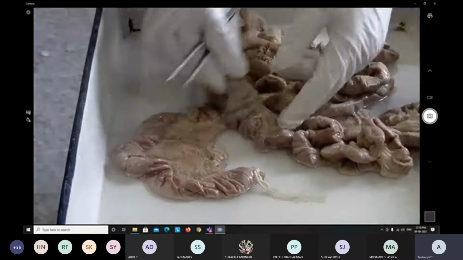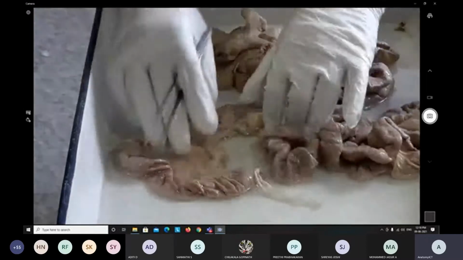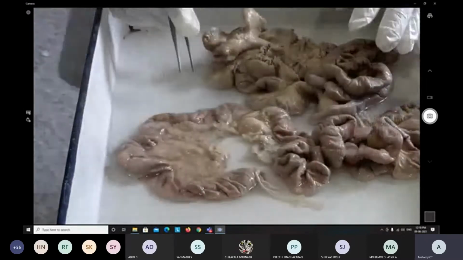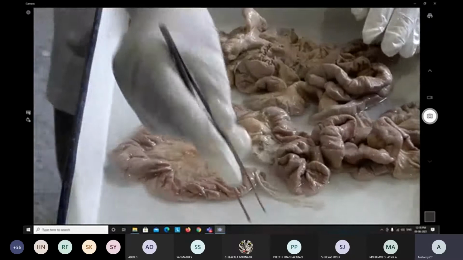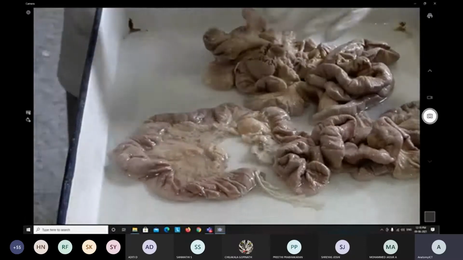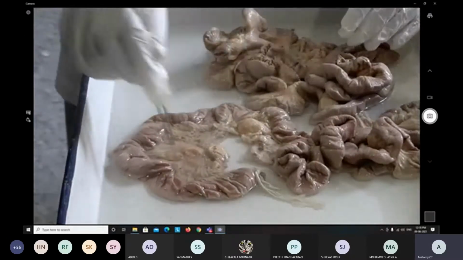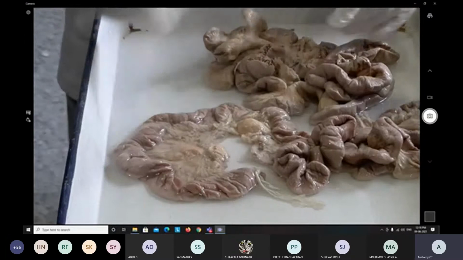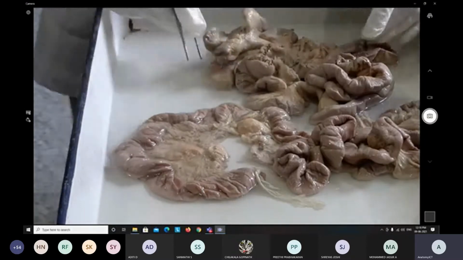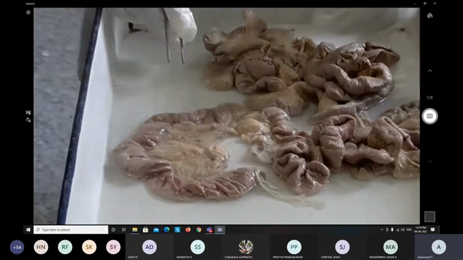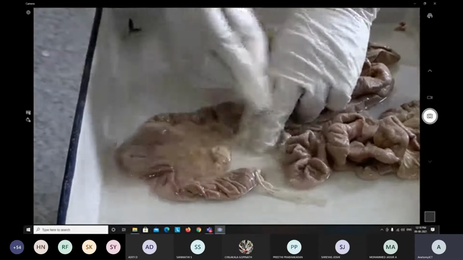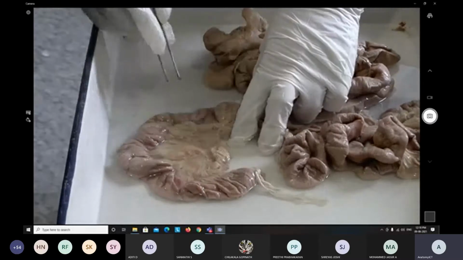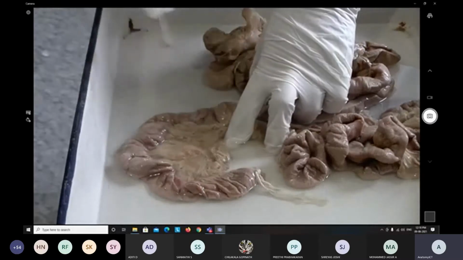And the most important thing in the small intestine is the duodenum, which plays a very important role, because as soon as the contents come from the stomach and enter here, in the second part it is connected to two important ducts. Those two are the pancreatic duct as well as the bile duct.